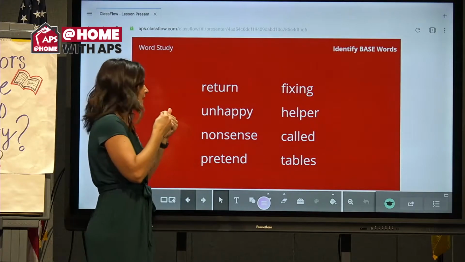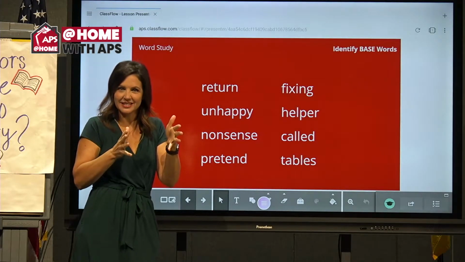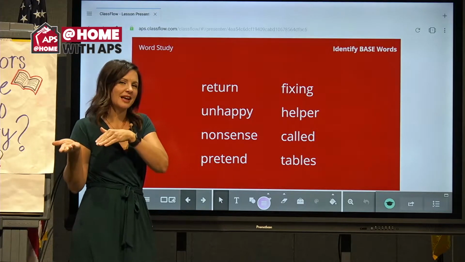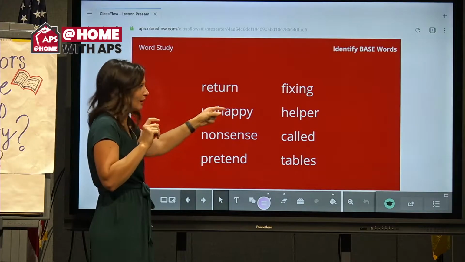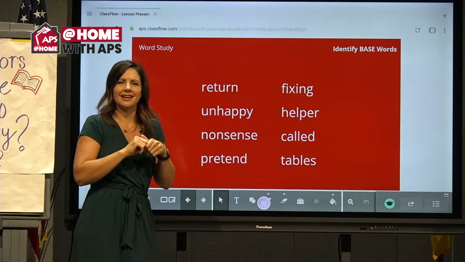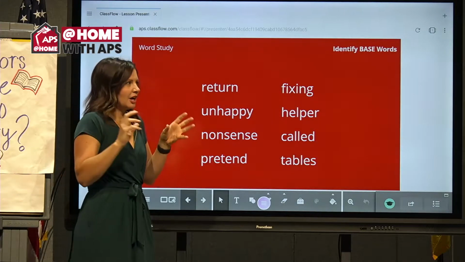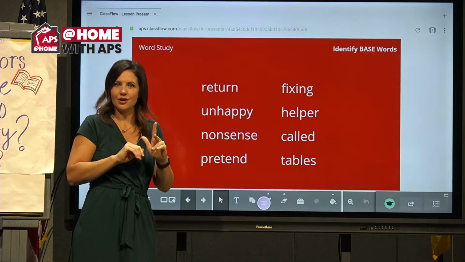Oh, it's separated. Un happy. I know what the word happy means. So I see a prefix before. Pre means before. Prefix. Nonsense. Oh, that's nonsense. That means it's silly. Nonsense. Sense is a word all on its own.